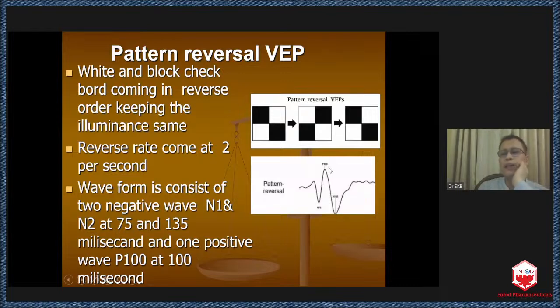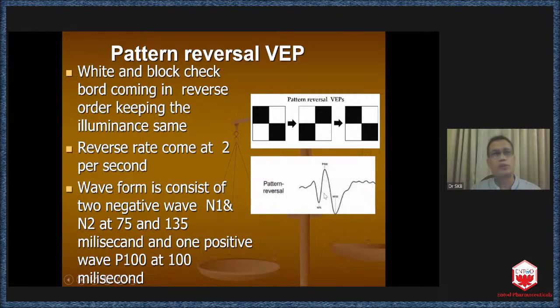Another one is the P100, which is very important, and this P100 indicates whether the patient has any prolongation of latency, which we see in multiple optic neuritis. So when you study a wave, you have to see the latency as well as the amplitude. Latency is measured from application of the stimulus to the peak of the wave.